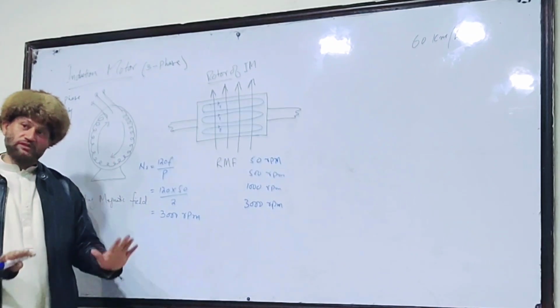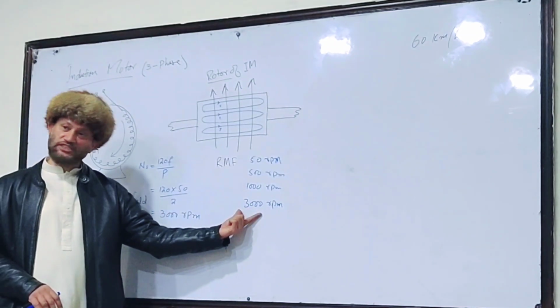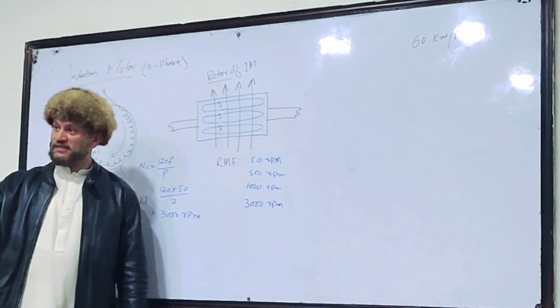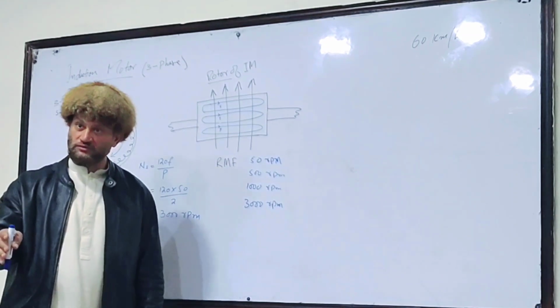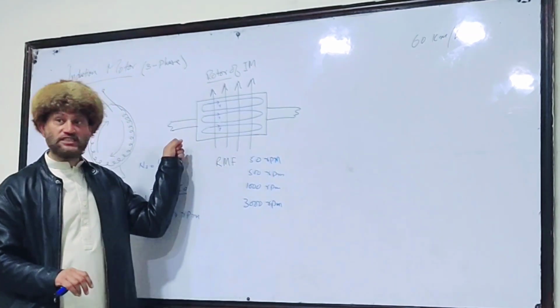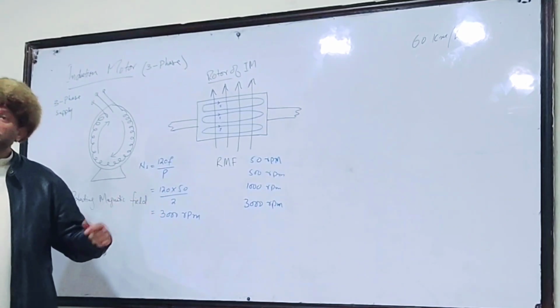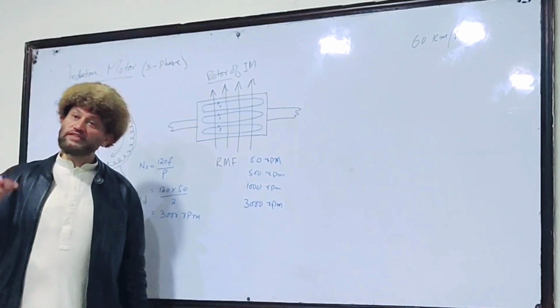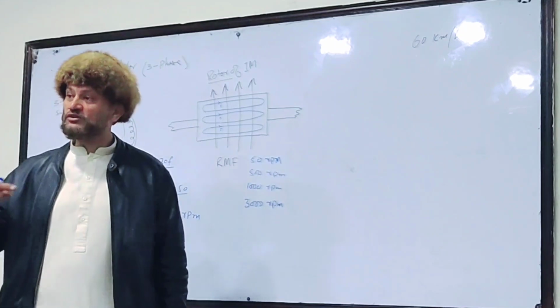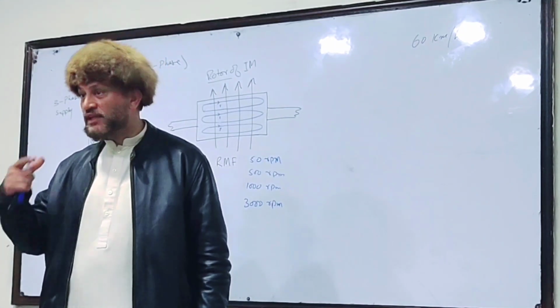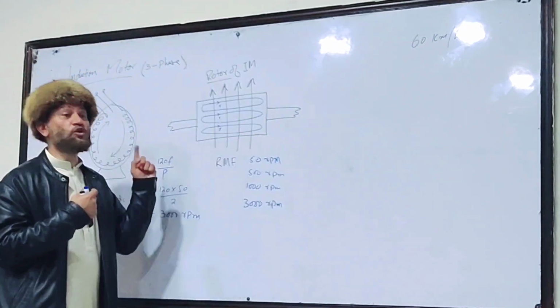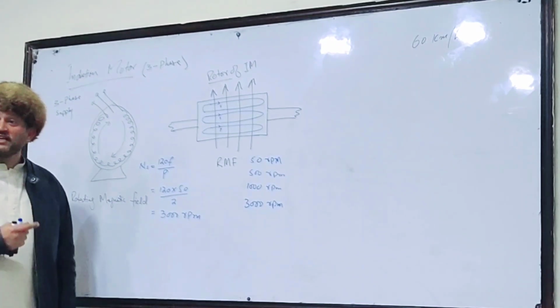Why? Because when it reaches this speed, it slows down. I just explained why it slows down. Understand? But now it is coupled to the car engine. The car engine is moving these tires at more than 60 km per hour. Now this rotor speed is more than the rotating magnetic field speed.